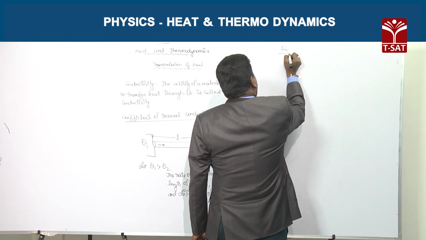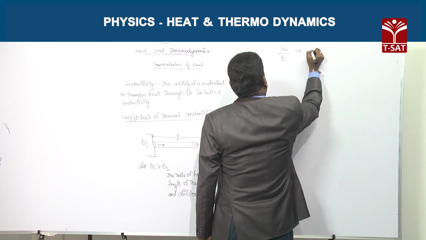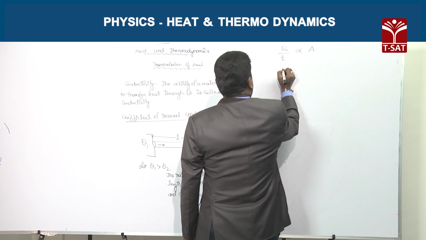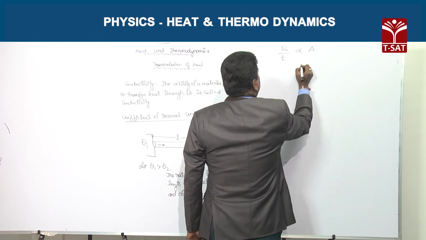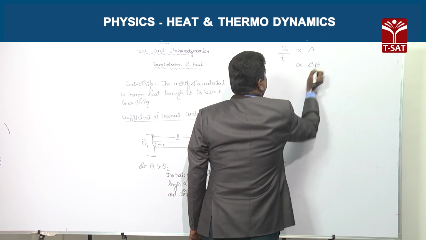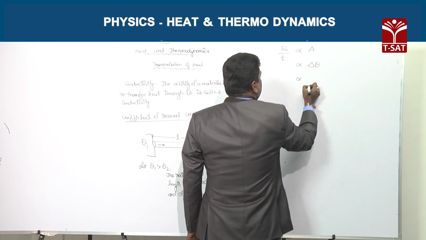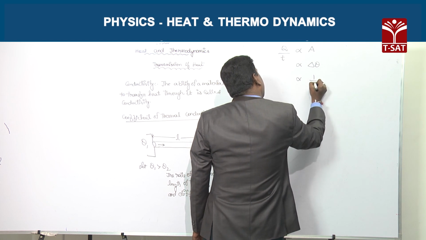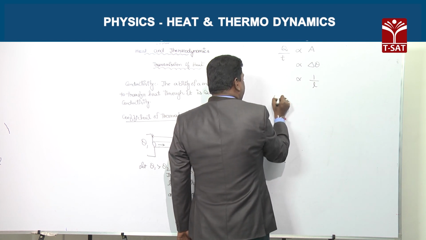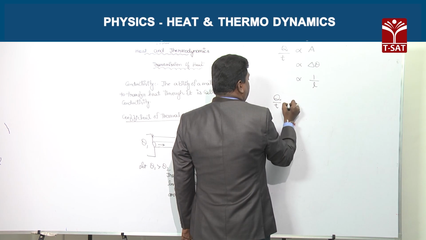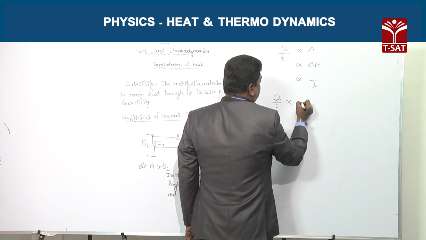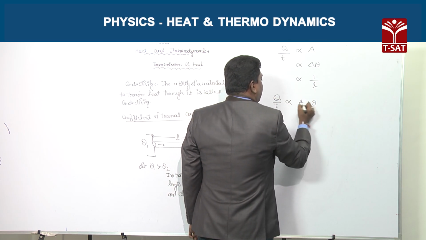The rate of heat flow Q by T is directly proportional to area of cross section. It is also proportional to difference of temperatures. It is also proportional to 1 by L. On combining all these three, we get Q by T proportional to A delta theta by L.